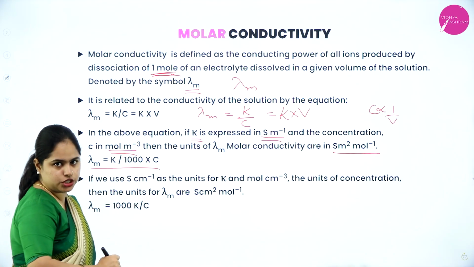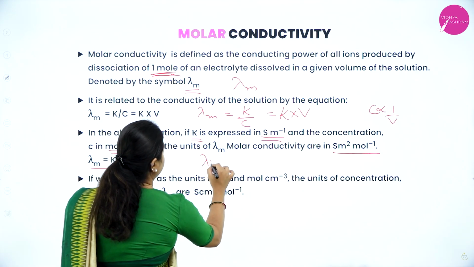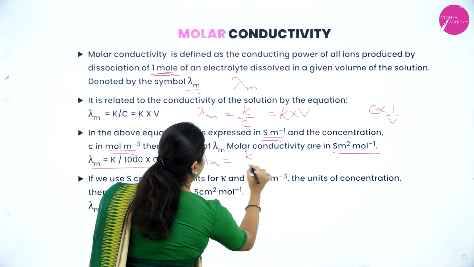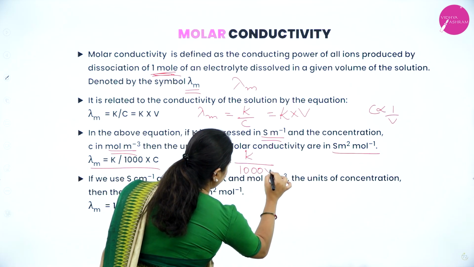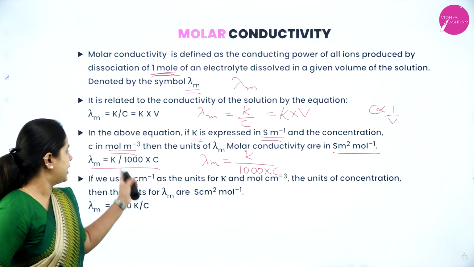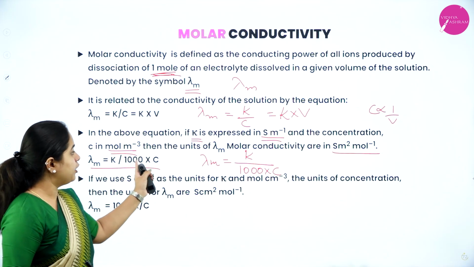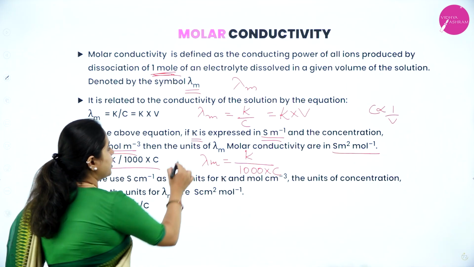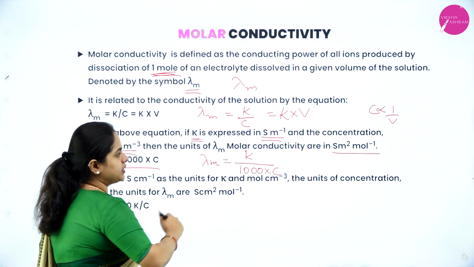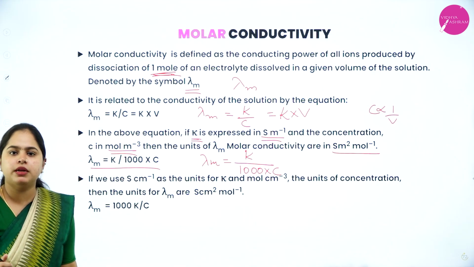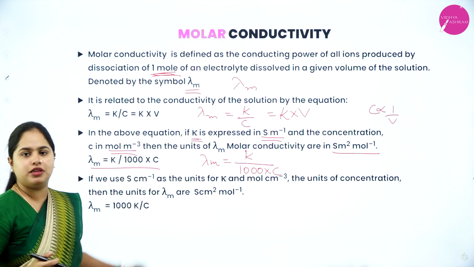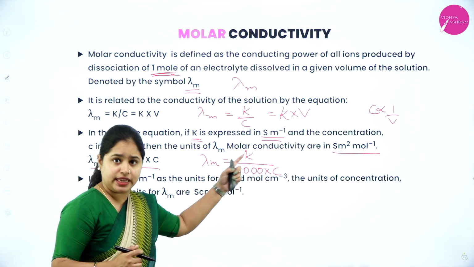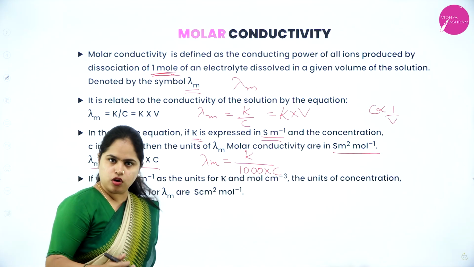It is this equation, that is lambda m is equal to K by 1000 into C, if these are the units for each of the quantities. If K is expressed in Siemens per meter and the concentration in mole per meter cube, you use this equation where K is conductivity and C is the concentration.